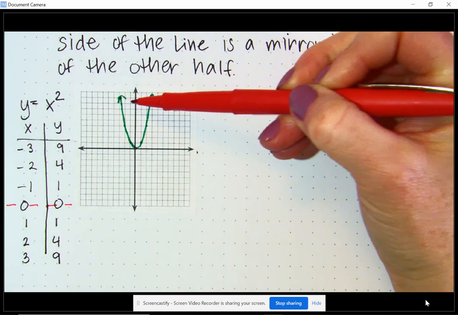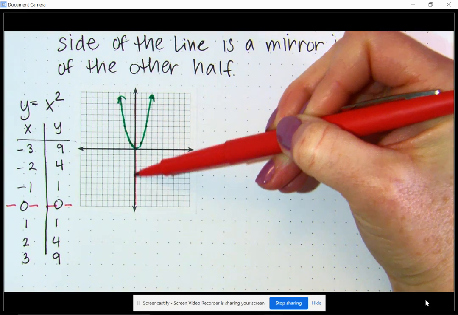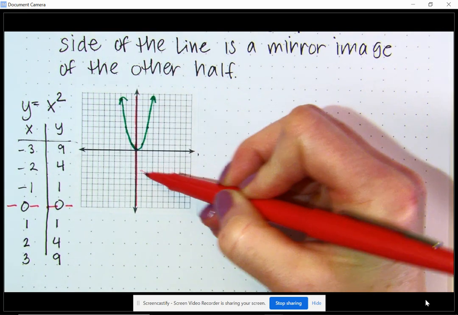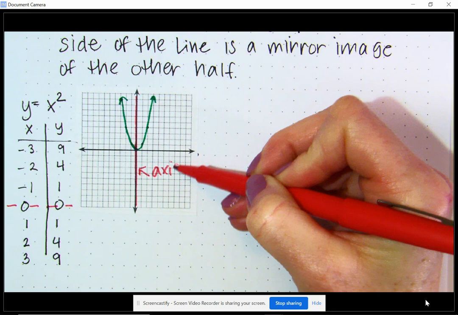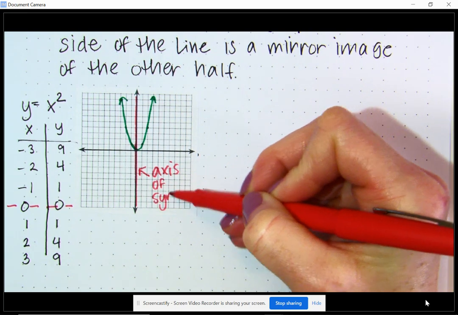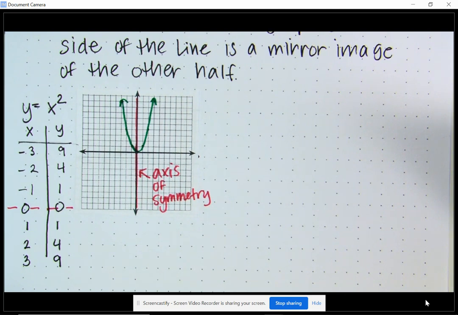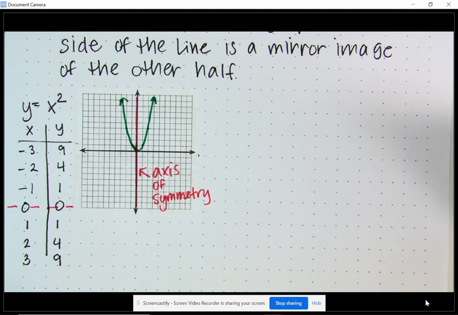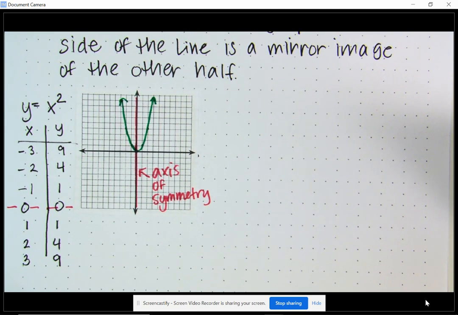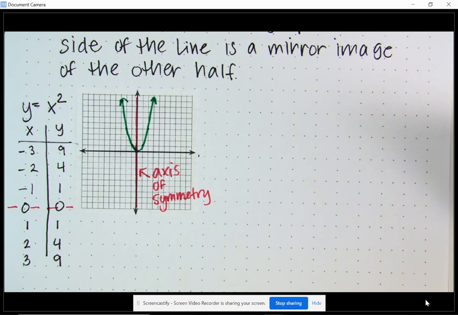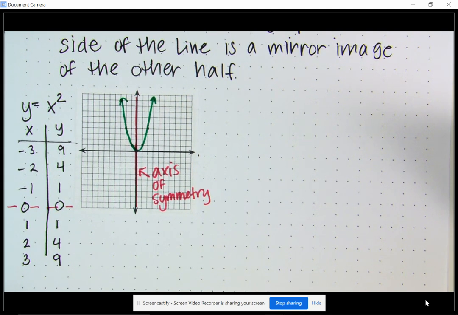Same thing on my graph. This right here would be my axis of symmetry. That's where this shape is cut in half and the left side and the right side are mirror images of each other.